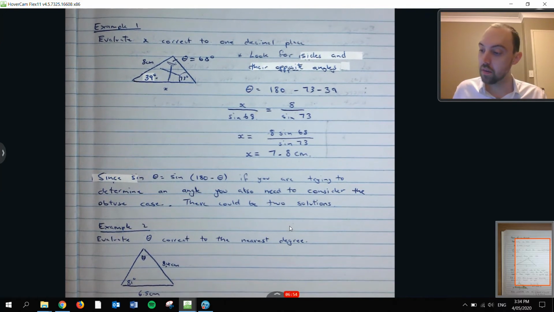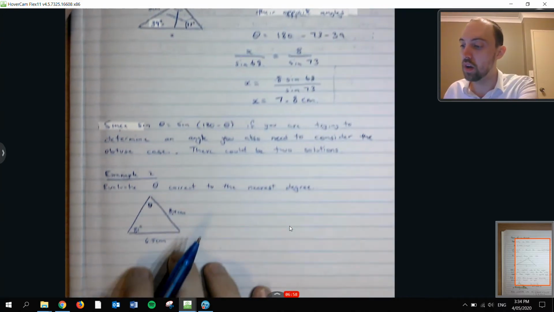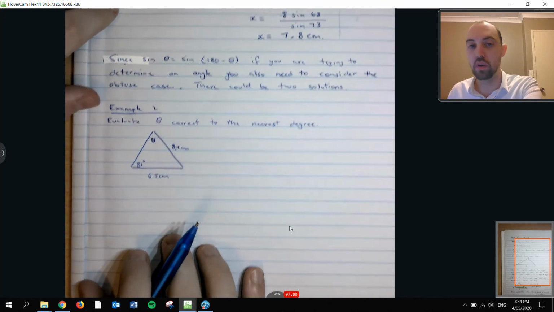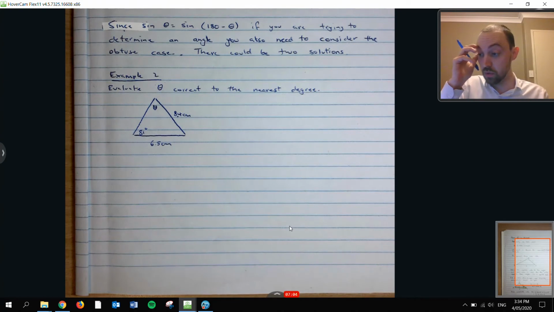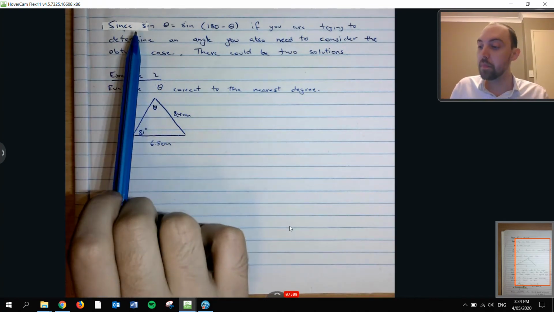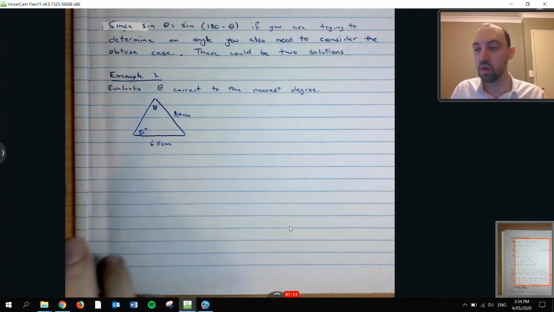Alright, so opposite sides and angles. Once you've got a couple of pairs and only one unknown, it's going to help us get to our answer. We'll do something slightly different, for example 3. Now, when you're trying to find the angle for sine, you have two possible solutions.